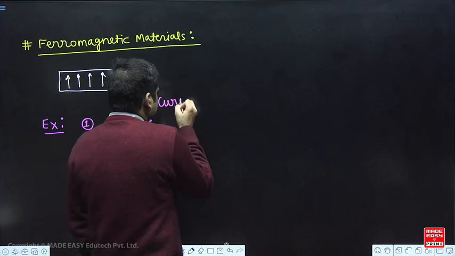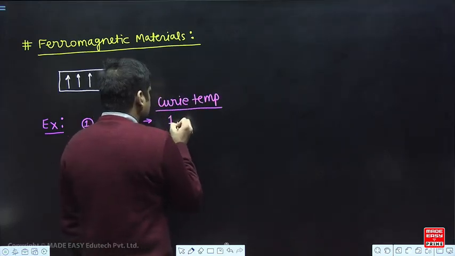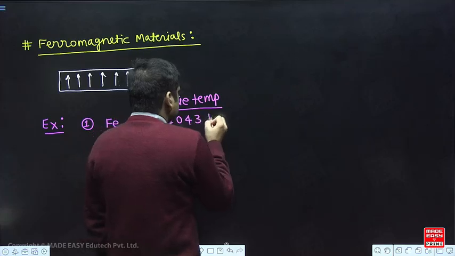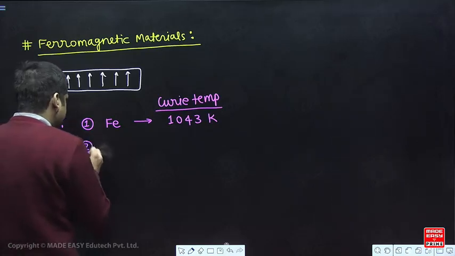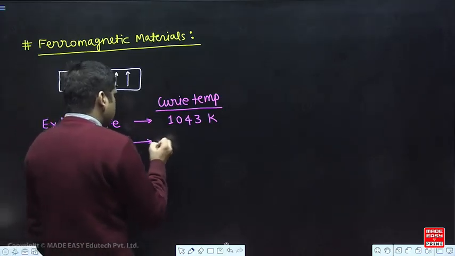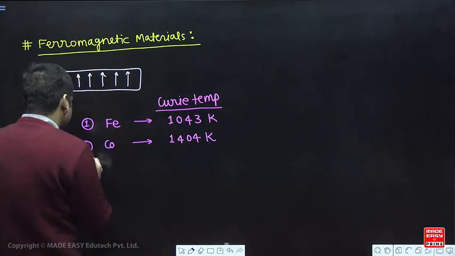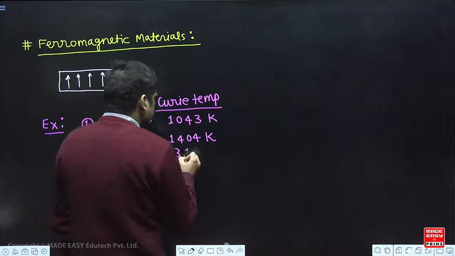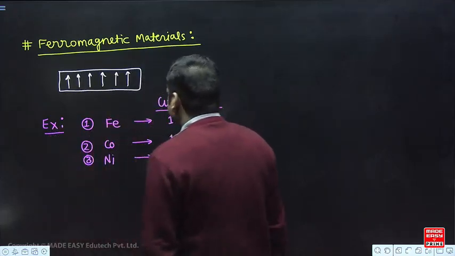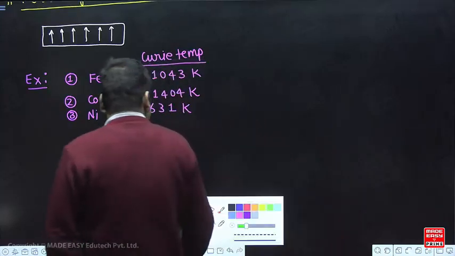The Curie temperature for iron is 1043 Kelvin; 770 or 768 centigrade, whatever value you get in the exam, you can use it. Then the second one is cobalt, 1404 Kelvin. And the third one is nickel, 631 Kelvin. These three are very important, so you need to remember the values of Curie temperature as well.